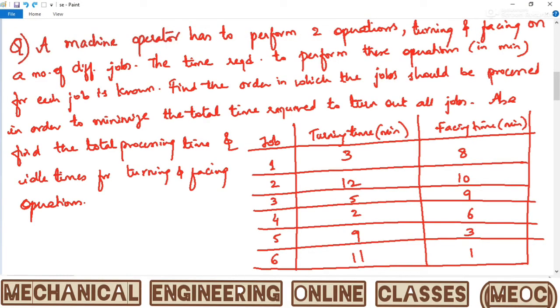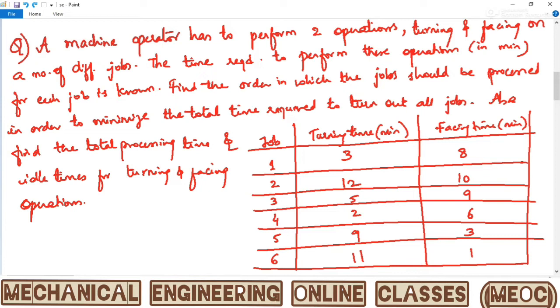The question goes this way. A machine operator has to perform two operations, namely turning operation and facing operation, on a number of different jobs. The time required to perform each operation in minutes for each job is known and is shown here in the table. Job 1 takes 3 minutes for turning, 8 minutes for facing. Job 2 takes 12 minutes for turning and 10 minutes for facing, and so on up to job 6.